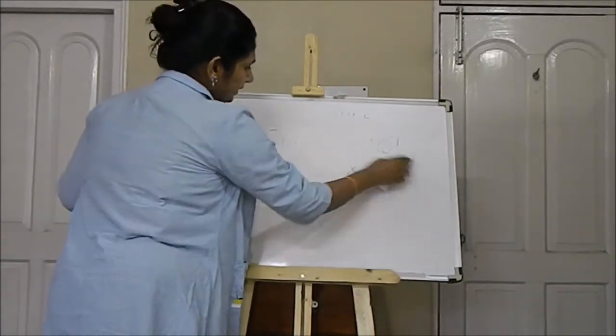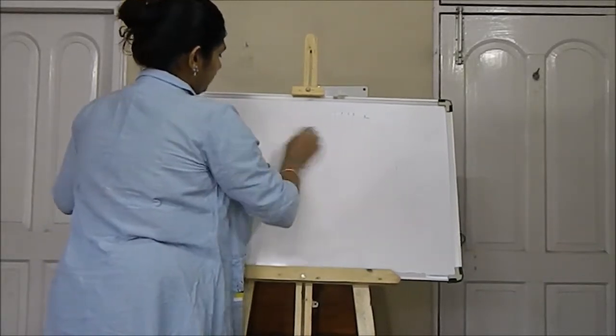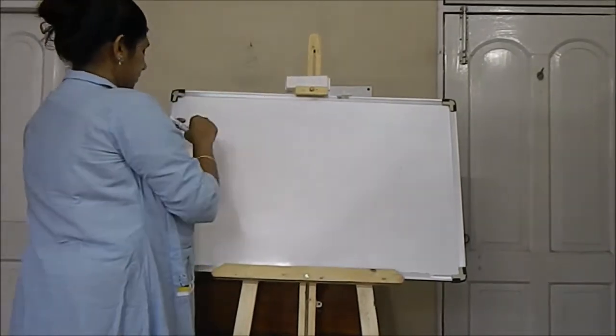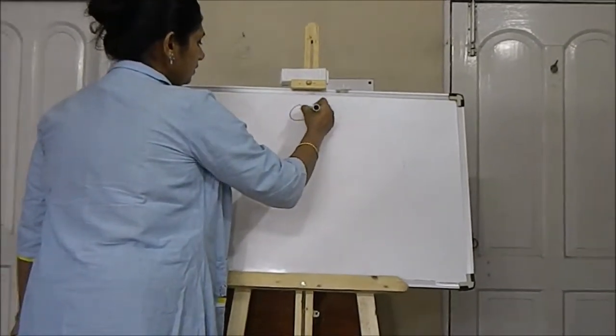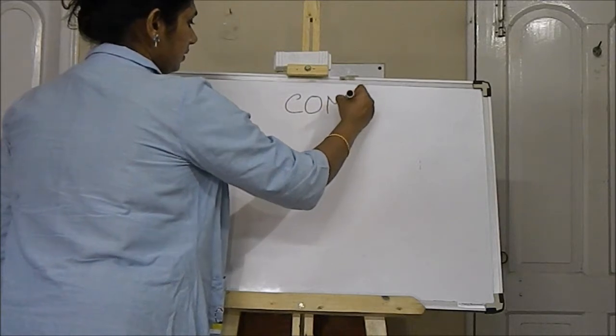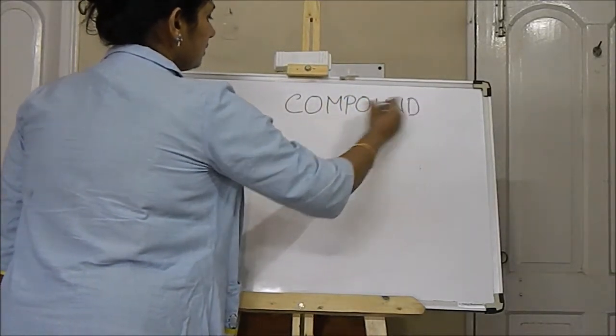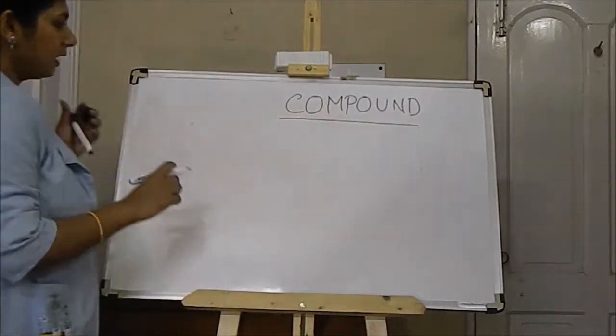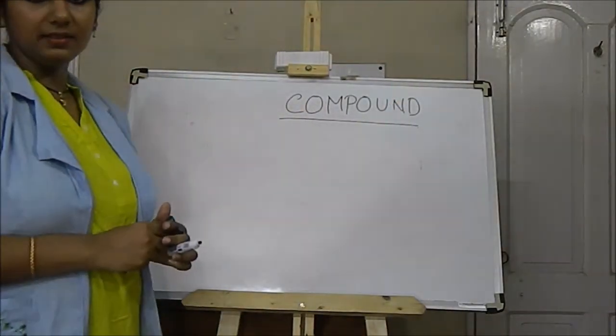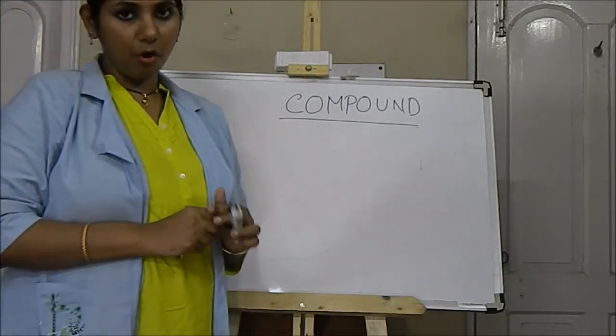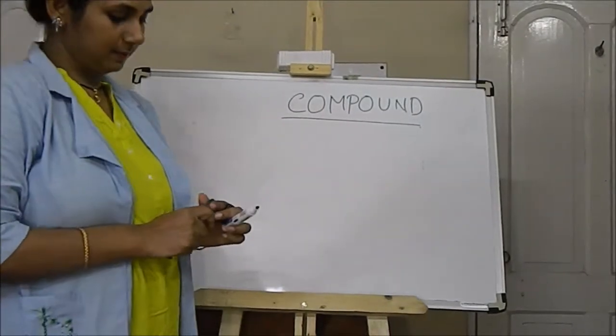First, let me write compound sentence. A compound sentence consists of two things.